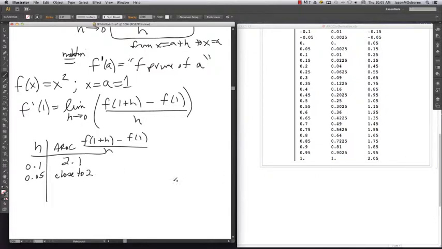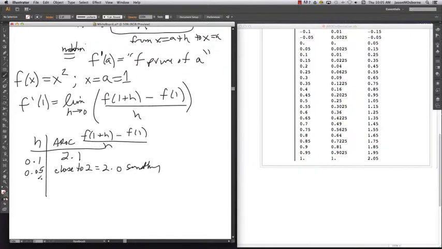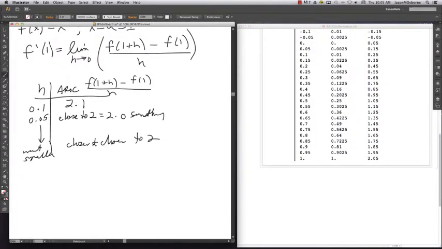In this case, it's going to be about 2.0 something. So I have a guess that if I went smaller, then I would get closer and closer to 2. And that's exactly what we're going to see.